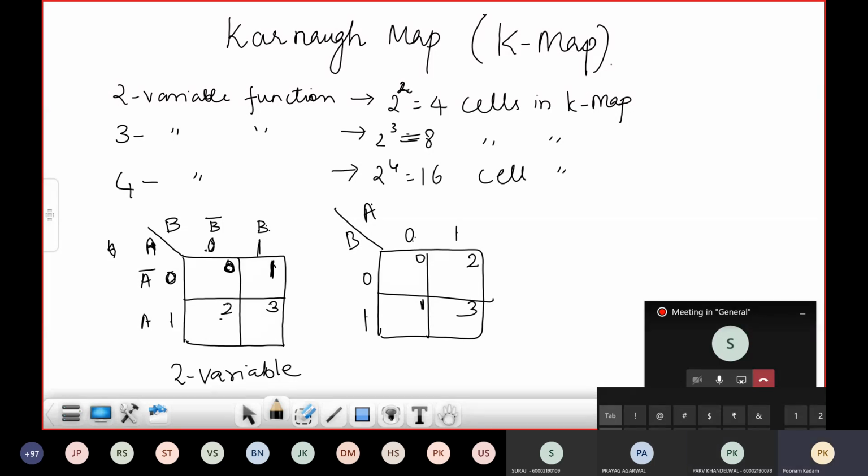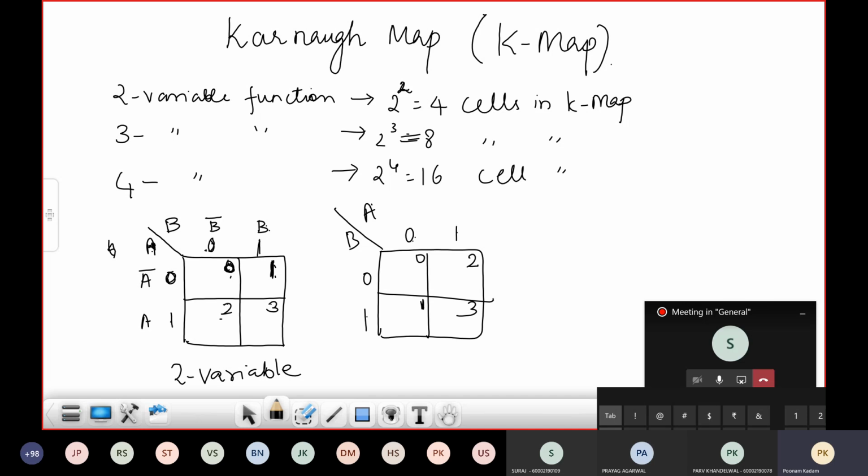If you change the label and write A this side, B this side, your cell association with the min terms will also change, and you have to write the min terms accordingly. Fine? Clear? Okay. This is the structure for a two variable function. A two variable function has 4 cells in the K map.